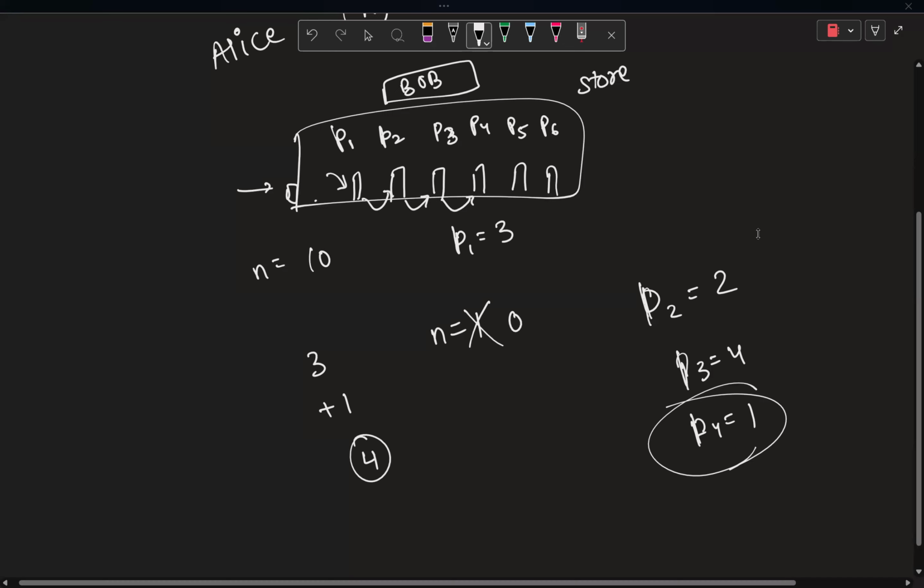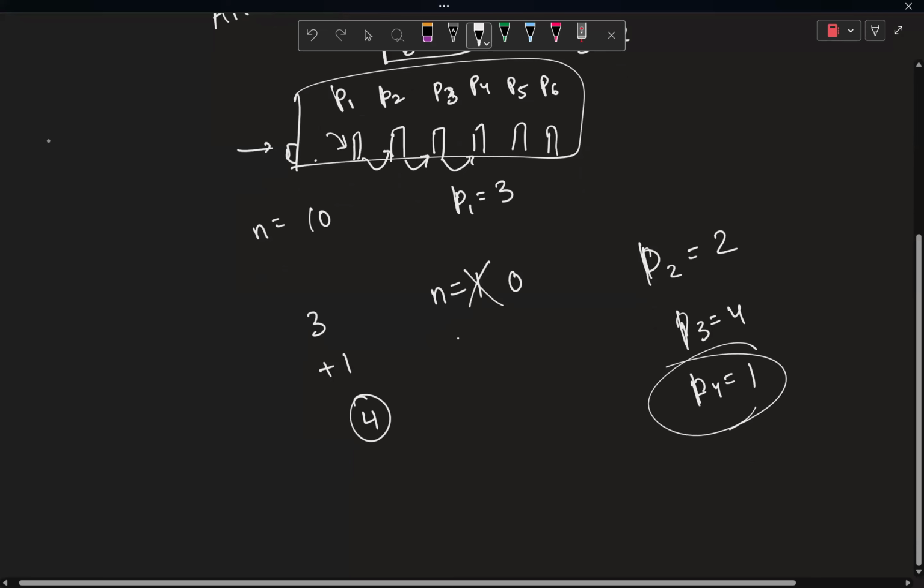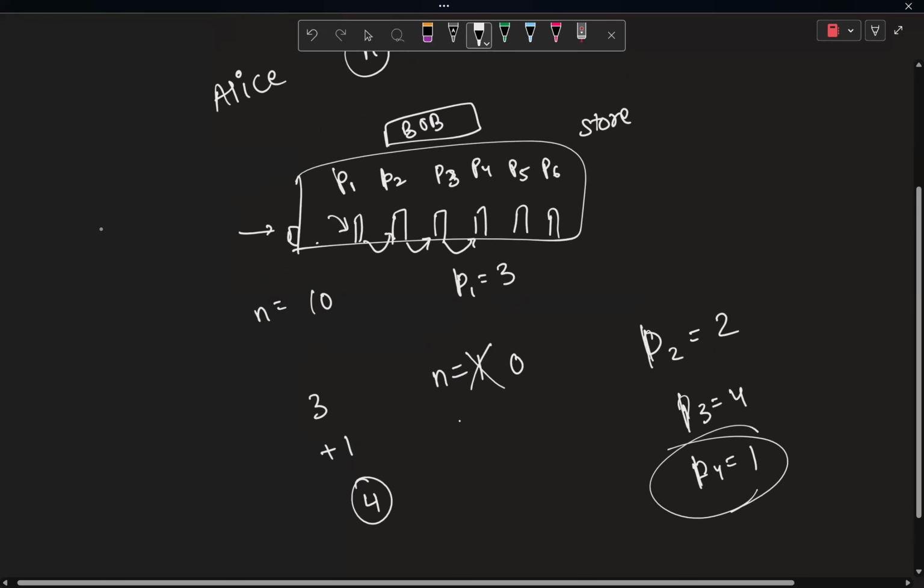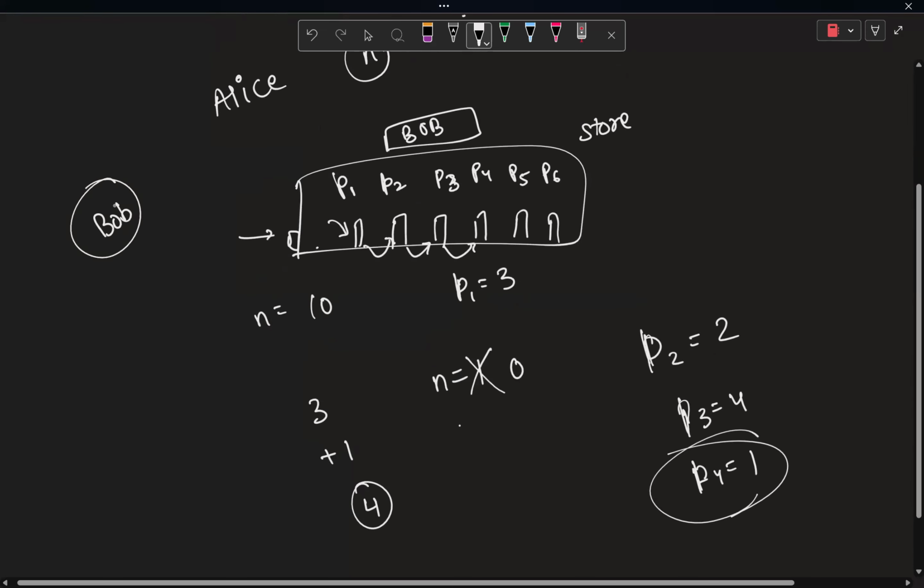No, it's not always going to be possible to get all the jewelries. Okay, so as of now, is the problem clear? Not the problem, but the order in which Alice buys the jewelries, is it clear? And Bob knows about the secret.